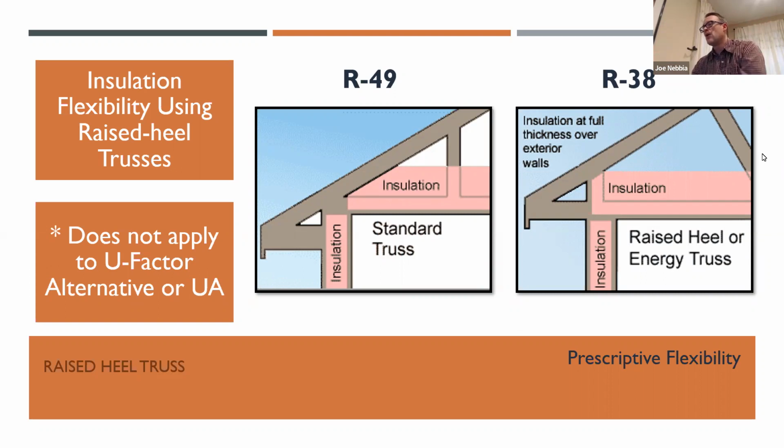Now, here I'm showing R49 to R38. That would be what you would do if you have a 2018 code or earlier. You could go from an R49 to an R38. So what that means is I've got R38 all the way across the attic, including extended over the top plate, uncompressed.